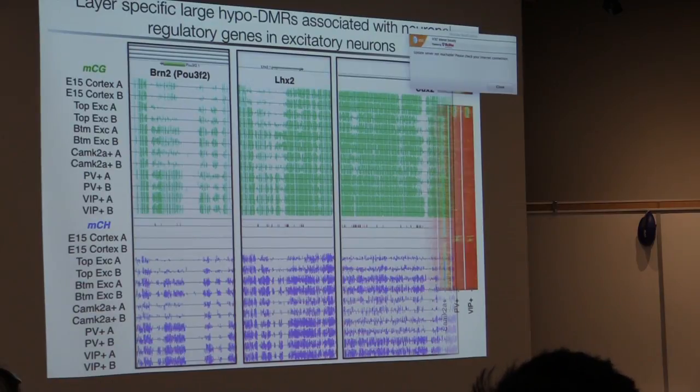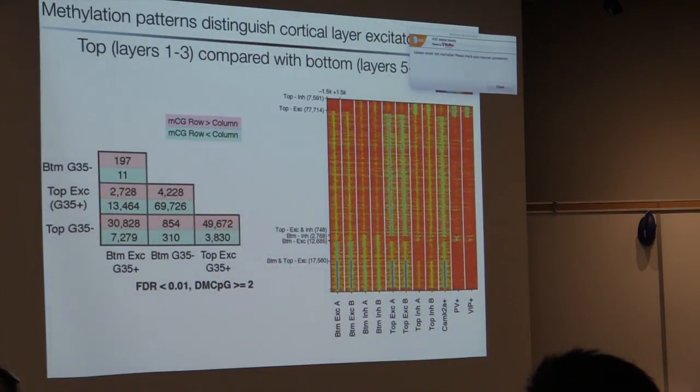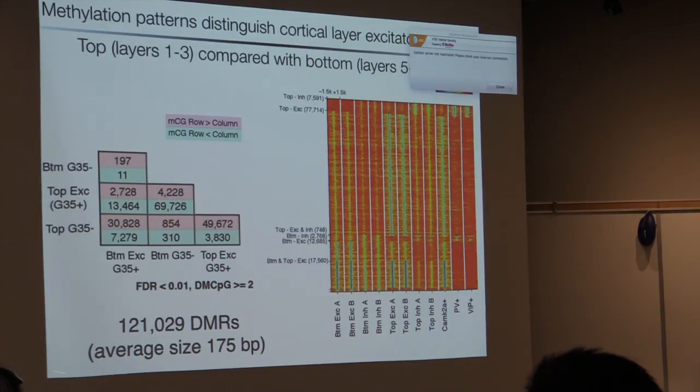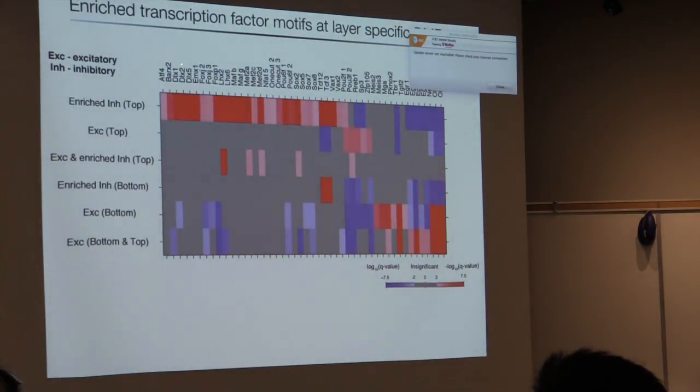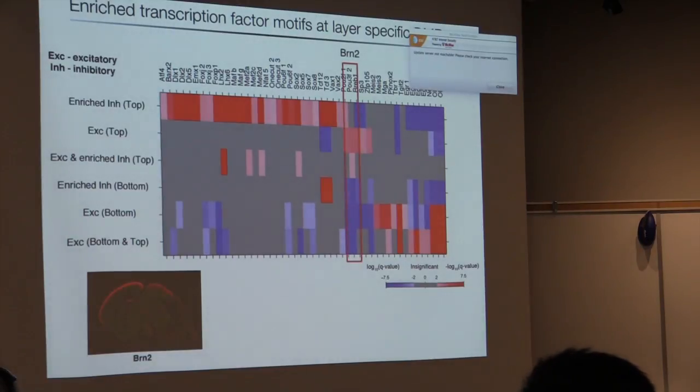So we're really just starting to get at this now, and these are the clustering of those genes. Just looking at top versus bottom, we can find over 100,000 differentially methylated regions, and they're fairly narrowly defined. And so once you identify those clusters, you can then go to, again, this correlation with, well, what are the underlying binding sites? Do they tell us something?